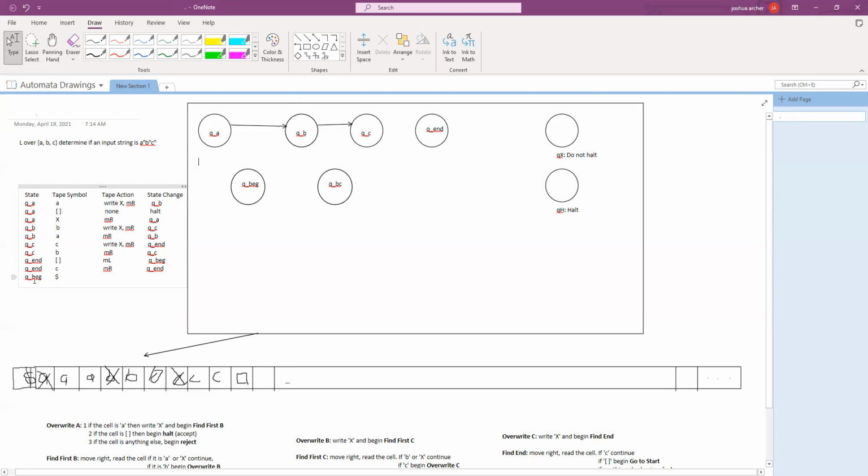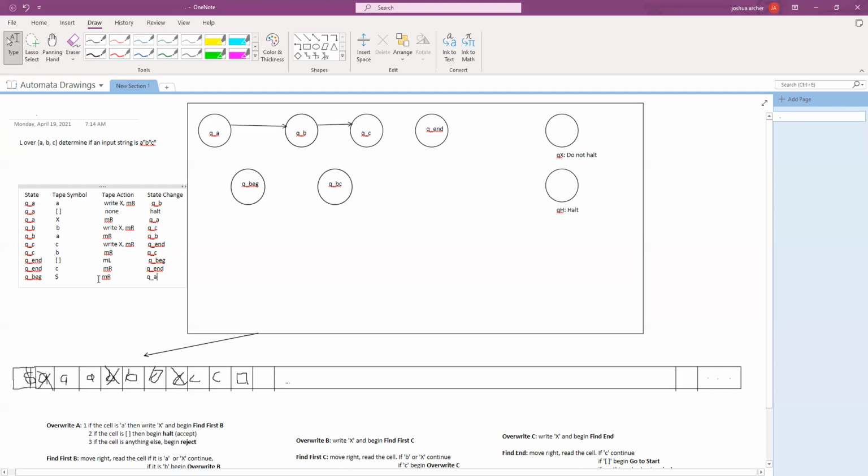Okay. So if I'm in the beginning state and I see a $sign, that means I found the beginning. I don't want to overwrite it, but I do want to move right. And I want to go to my look for an A routine. That's what I want to do.